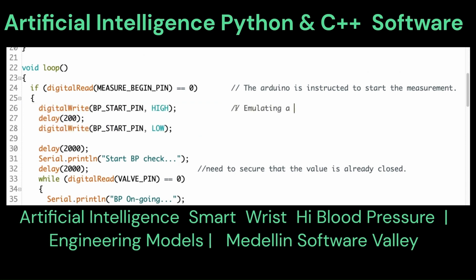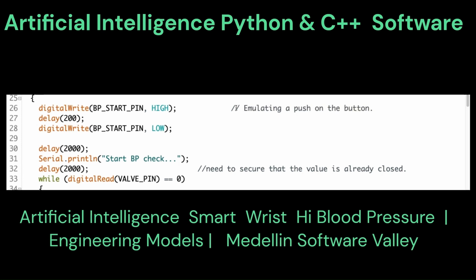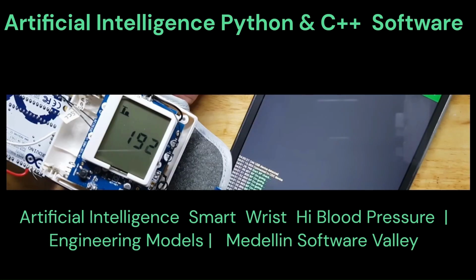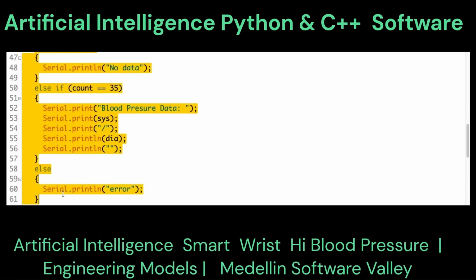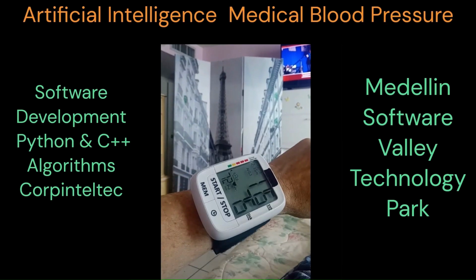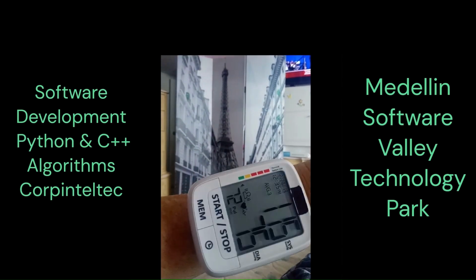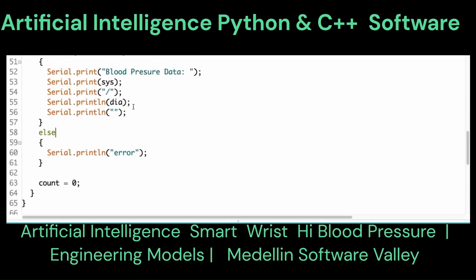Now lines 30 to 36 set a delay of 2 seconds and secure the valve is closed, and then collect and transfer the data measured by the blood pressure unit.